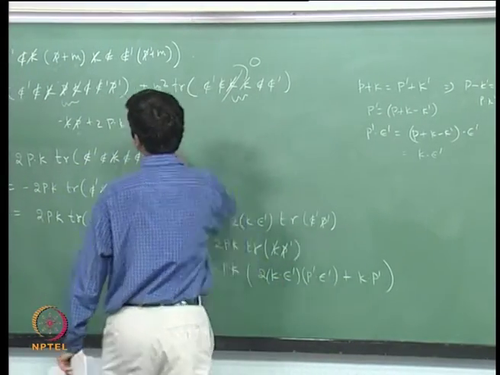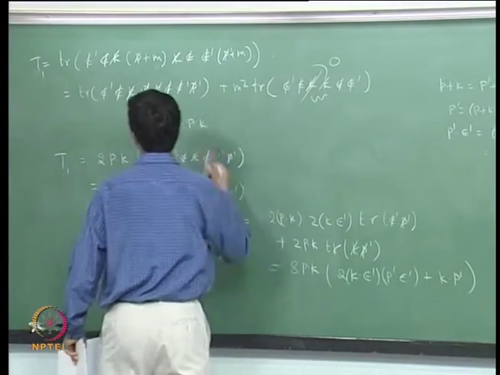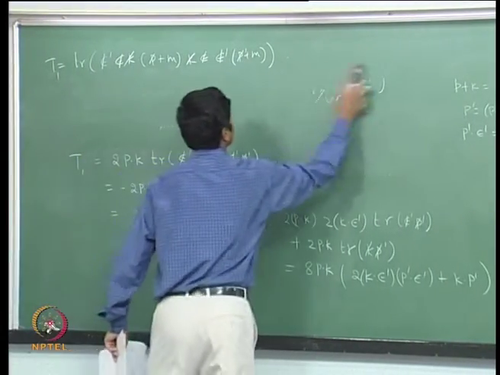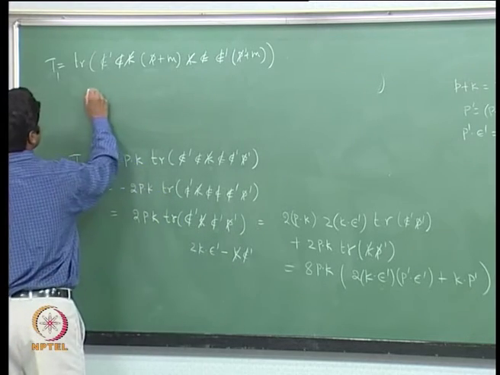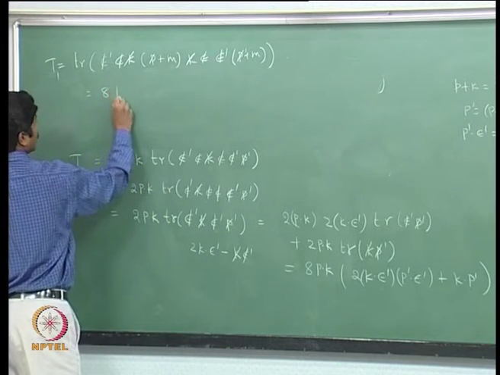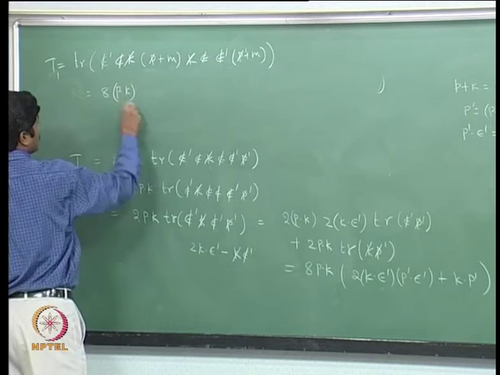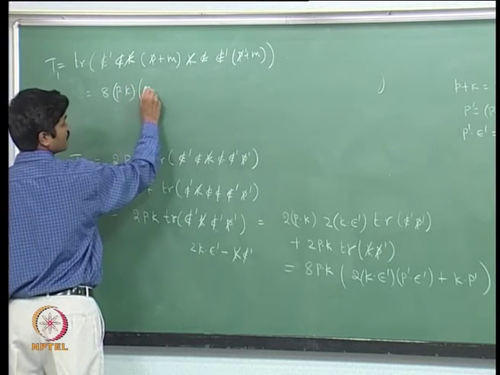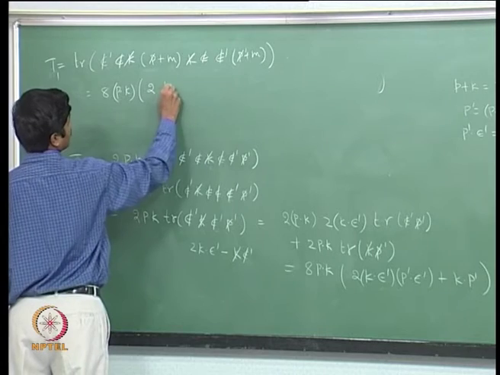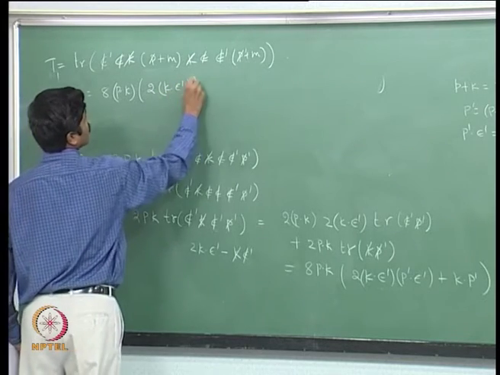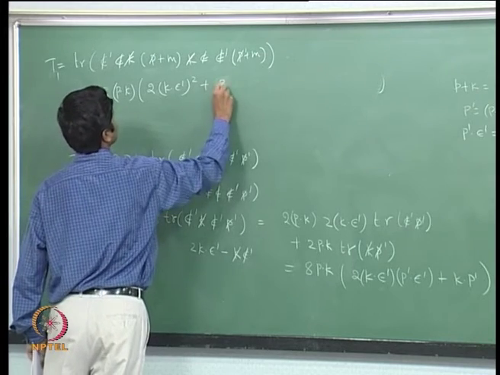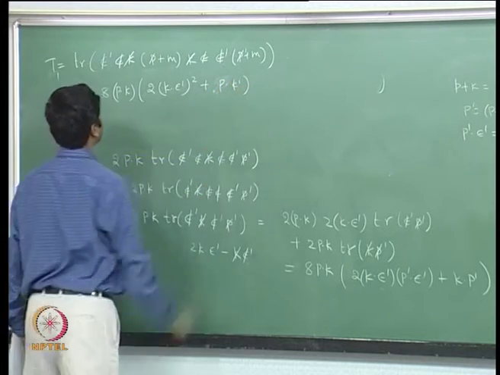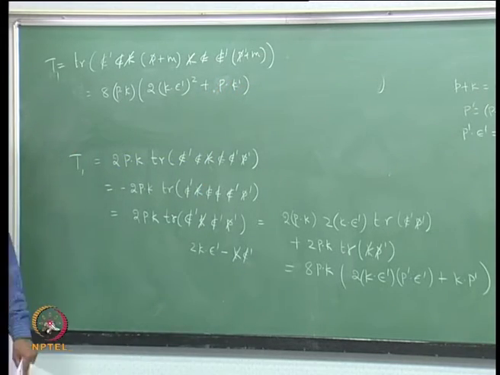Therefore, this quantity here T1 is equal to 8 P dot K times twice K dot epsilon prime whole square plus K prime dot P or P dot K prime. Okay.